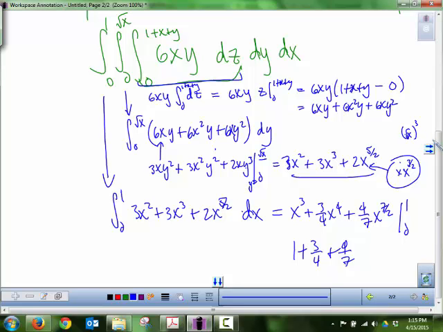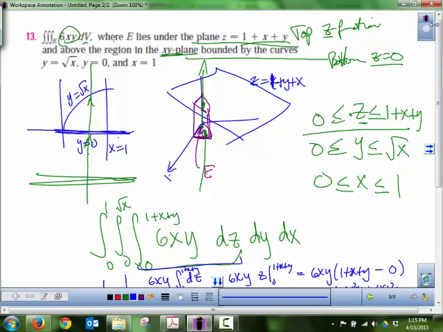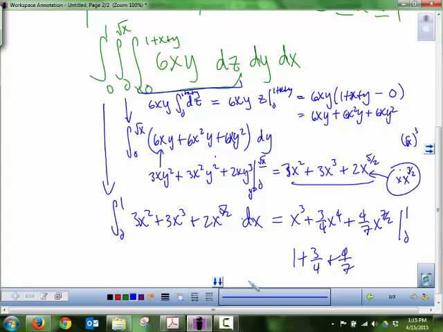This is not a volume. If this is a density of that solid, of this shape, then this is the mass of that solid, not the volume. Good point. So say not volume.